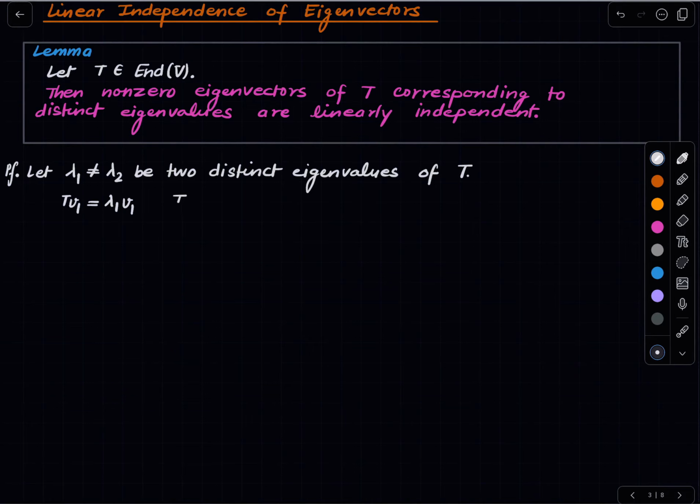So what have we done? We had two distinct eigenvalues. Corresponding to lambda1, we have picked a non-zero eigenvector, and corresponding to lambda2, we have picked a non-zero eigenvector. We want to show that V1 and V2 are linearly independent.